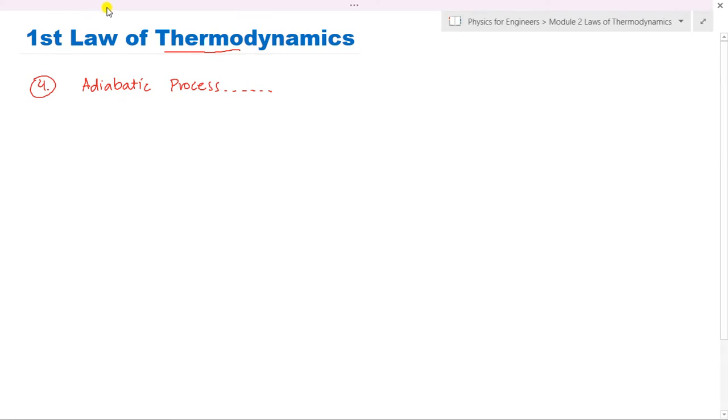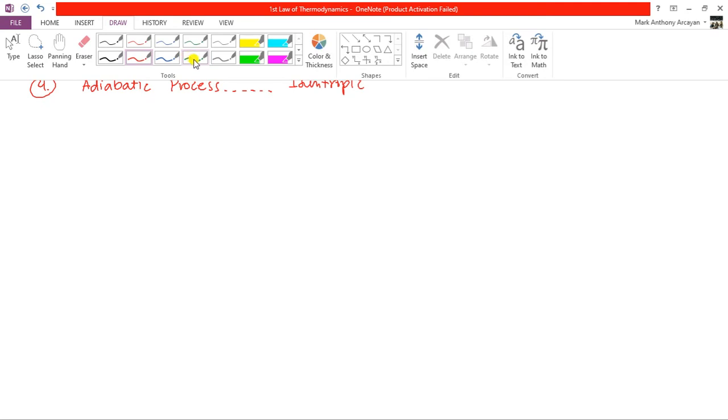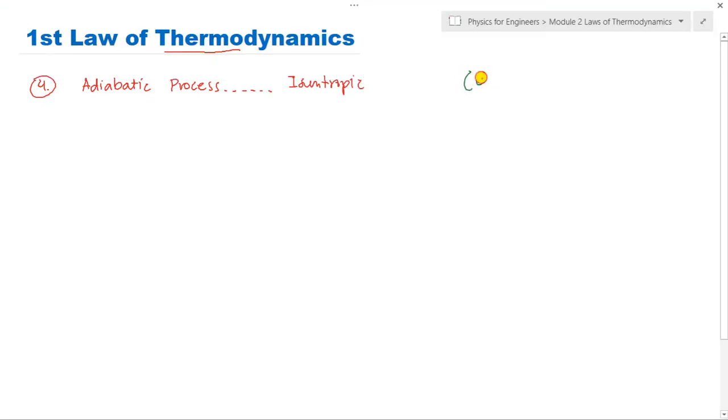This is also known as the isentropic process. Here, we are going to know those parameters Q, W, U, and S. And we also have an additional parameter here for the adiabatic process.